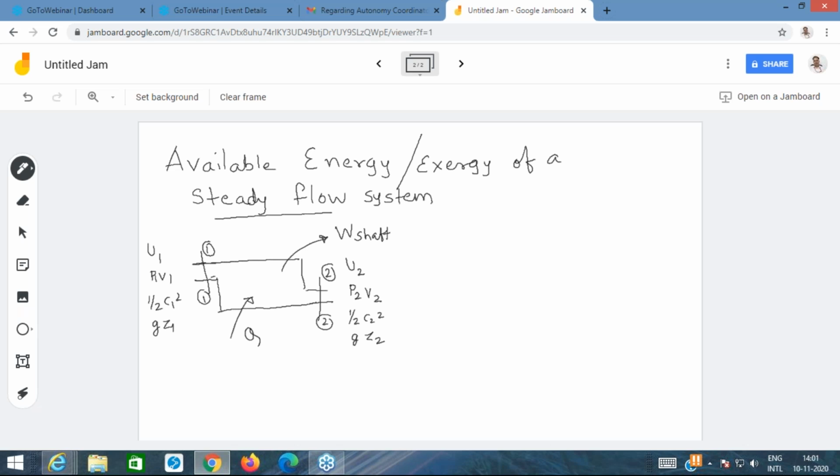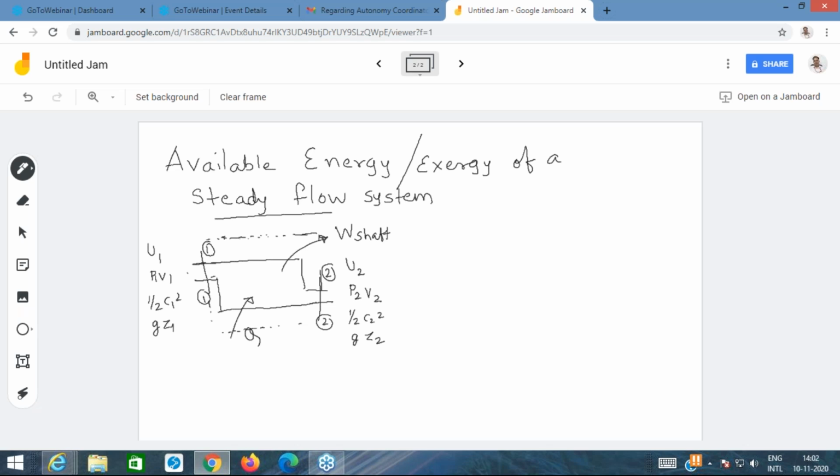We had already drawn this figure for a steady flow system, where I had considered a control volume. The dotted line is a control volume, because for analysis of an open system we use a control surface enclosing a volume.